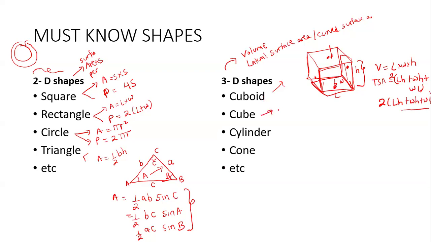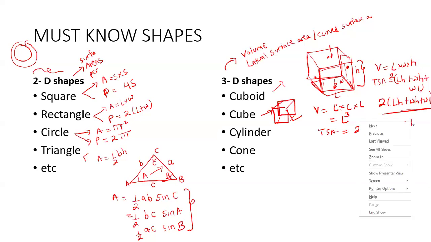Then when it comes to a cube, it is like a square, but a cuboid has unequal sides. A cube has equal sides. All its sides are equal in length. So in case they ask for volume, it can be length times length times length, which you can summarize as L cubed. When it comes to the total surface area, it's going to be LL plus WW plus maybe HH.